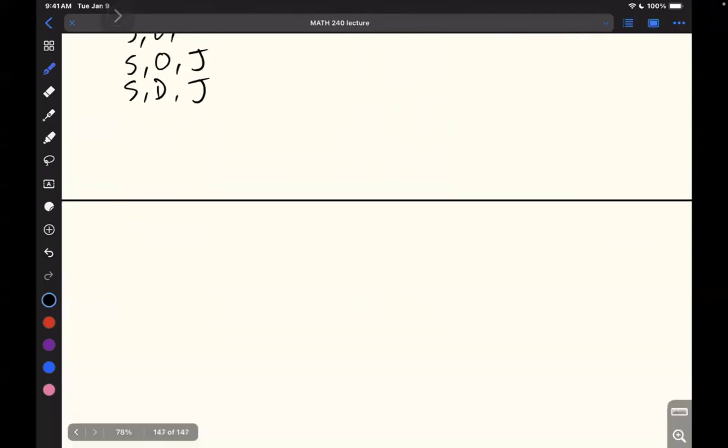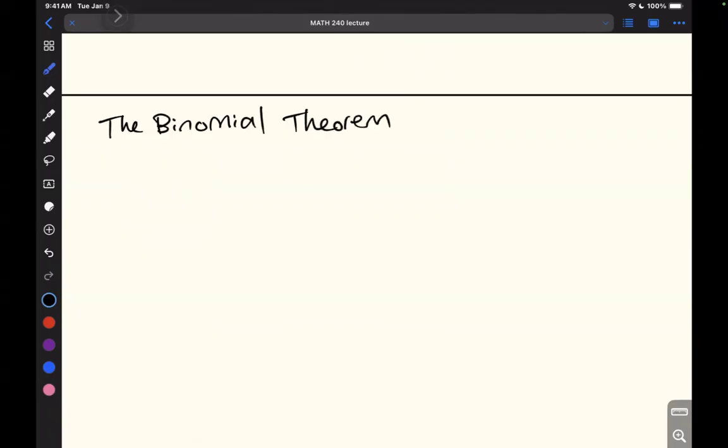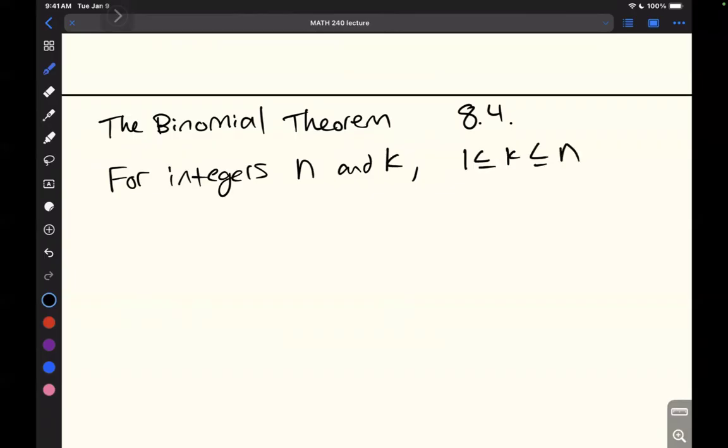So we're going to talk about a theorem. This theorem is the binomial theorem. This comes from section 8.4 in the textbook. And this theorem says, for integers n and k, and we'll restrict k to being between 1 and n, we have the following equation.